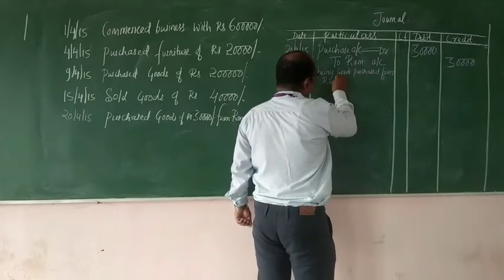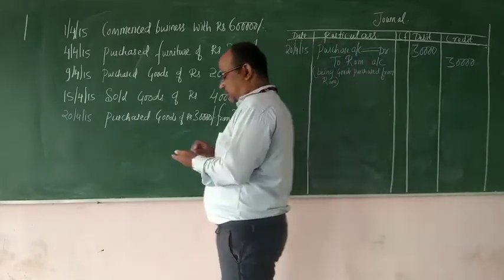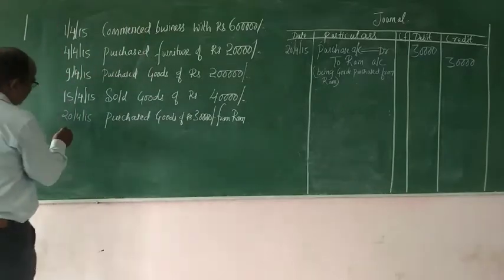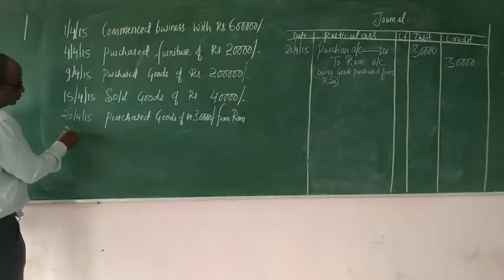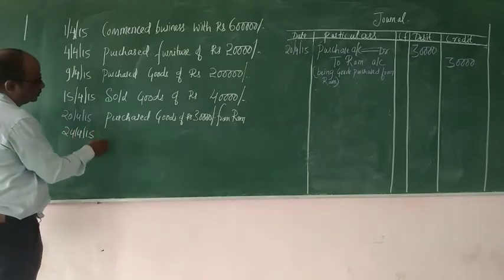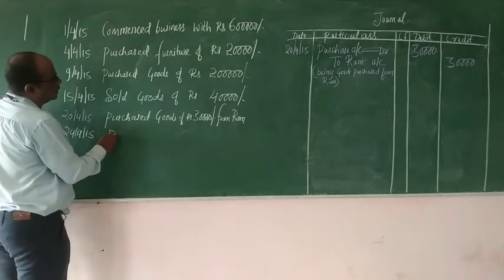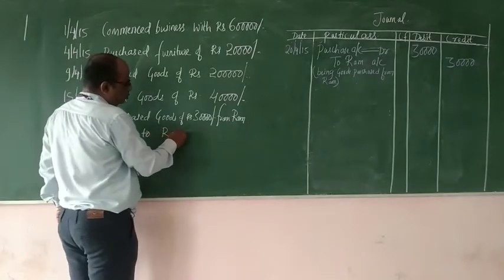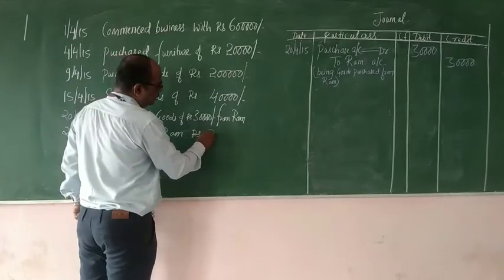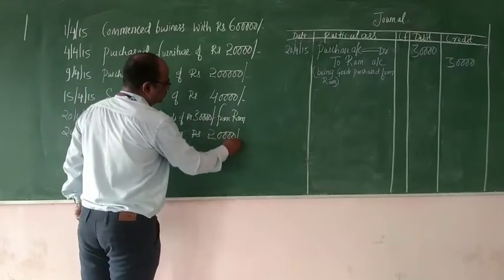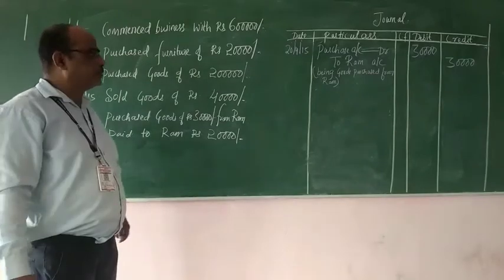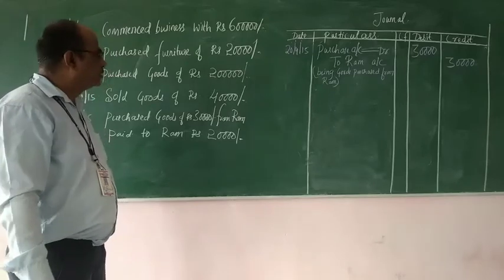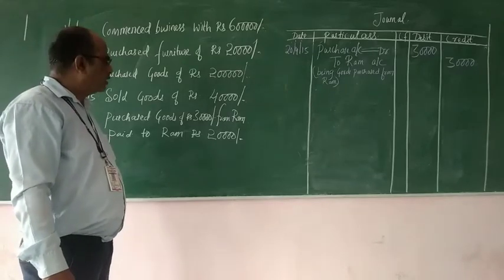Let us take one more transaction. 24/4/2015, paid to Ram rupees 20,000. Here two accounts are required. One is Ram, another is cash. So here Ram is the receiver and cash goes out.